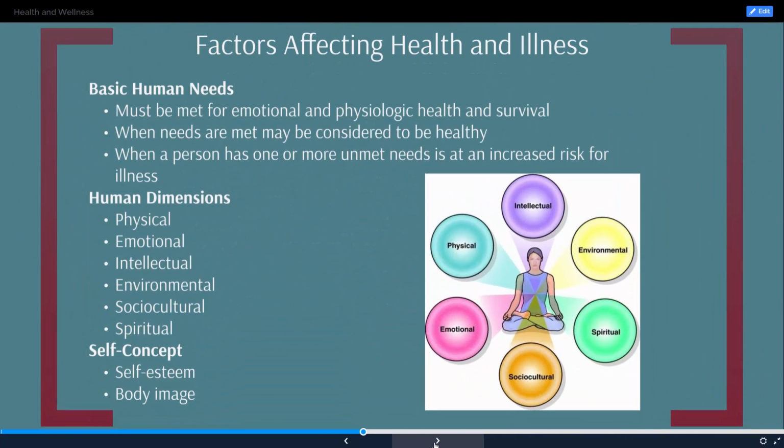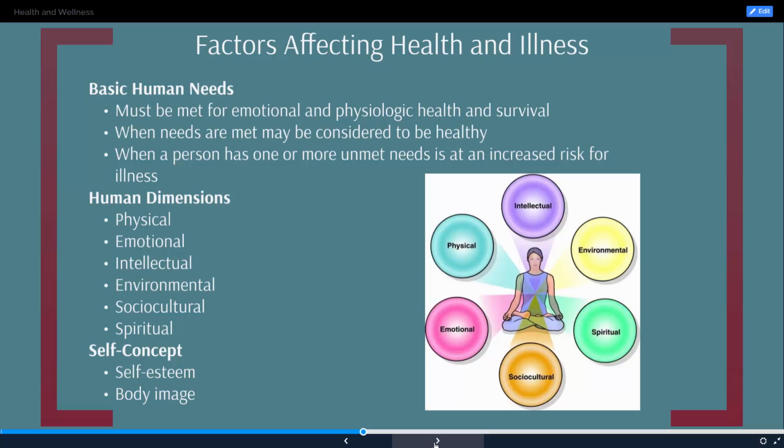Okay, so moving on. Factors affecting health and illness. There are a couple things that go into health and illness of a patient. Basic human needs must be met for emotional and physiological health and survival, right? When needs are met, a person may be considered to be healthy. When a person has one or more unmet needs, there is increased risk for illness.